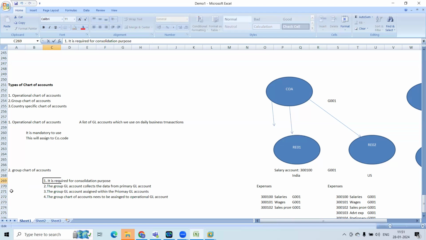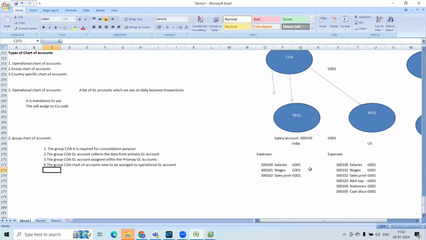The group chart of accounts is required for consolidation purposes. A group GL account is assigned to the primary GL account, and within the primary GL account, the group chart of accounts.